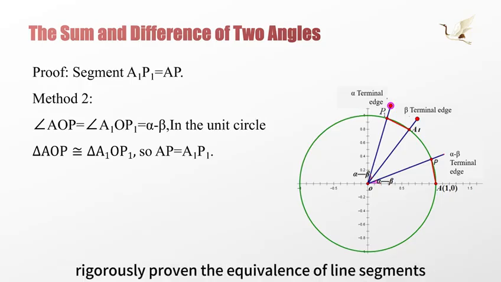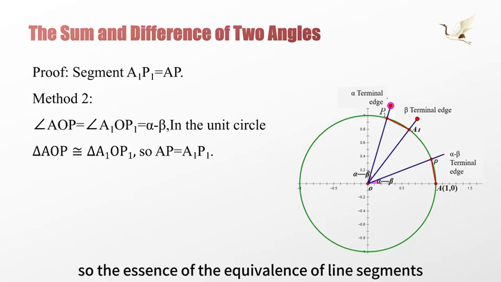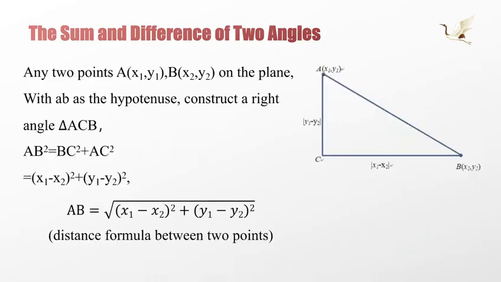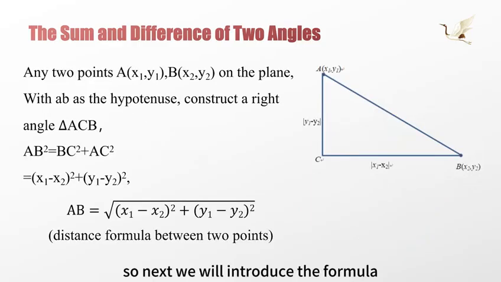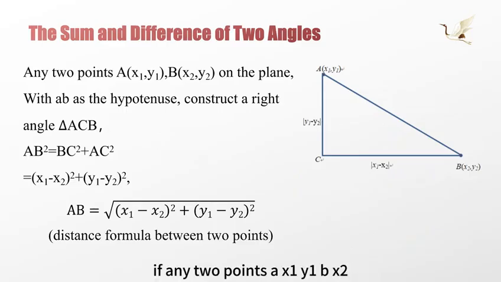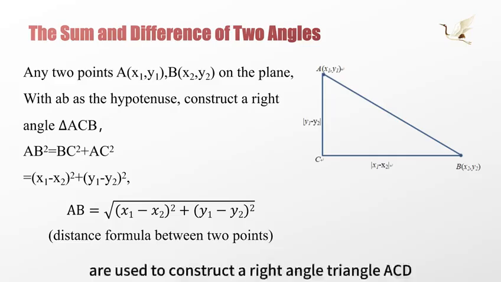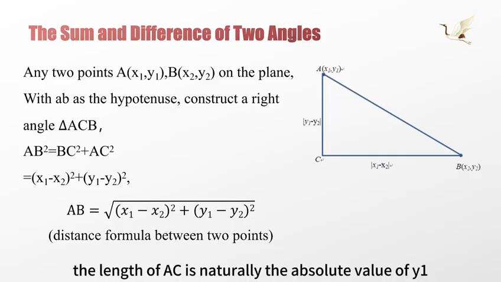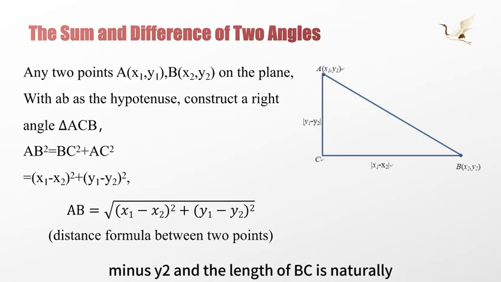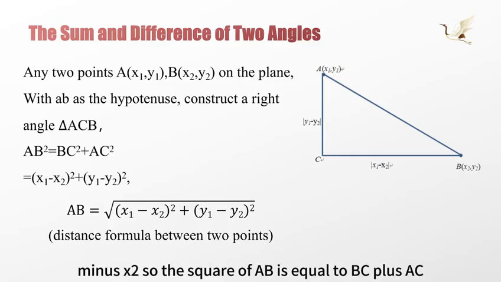We have now rigorously proven the equality of line segments, so the essence of the equality of line segments is a distance problem. So next, we will introduce the formula for the distance between two points. If any two points A(x1, y1) and B(x2, y2) in the plane are used to construct a right-angled triangle ABC with AB as the hypotenuse, then the length of AC is naturally the absolute value of y1 minus y2, and the length of BC is naturally the absolute value of x1 minus x2.